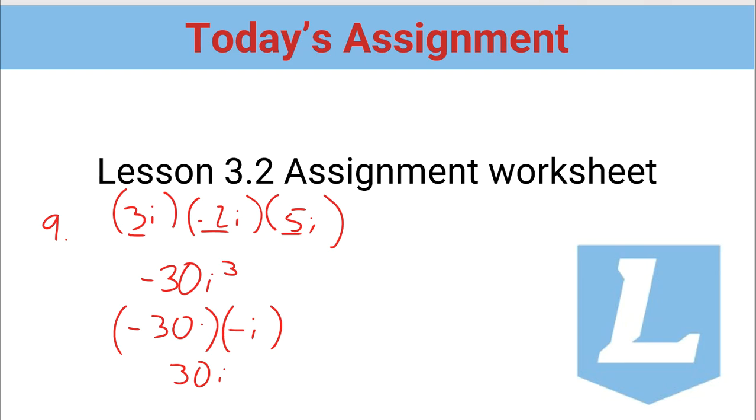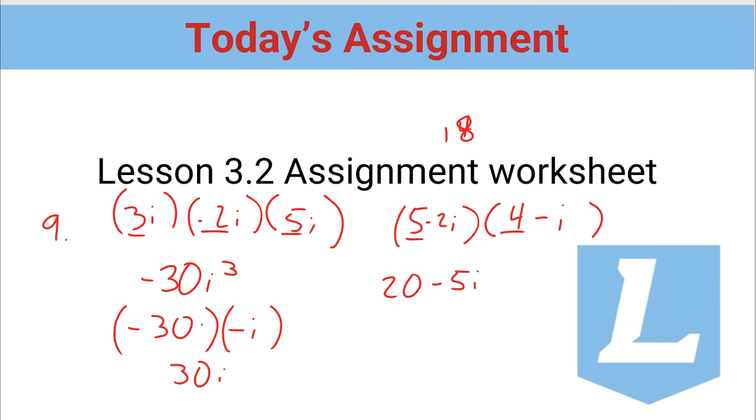You will have some on your assignment that would be FOIL. Right, so let's just peek here. This is number 18, sorry. 5 minus 2i times 4 minus i. Right, you're going to FOIL. First times first, 5 times 4 is 20. Outside, 5 times a negative i, negative 5i.